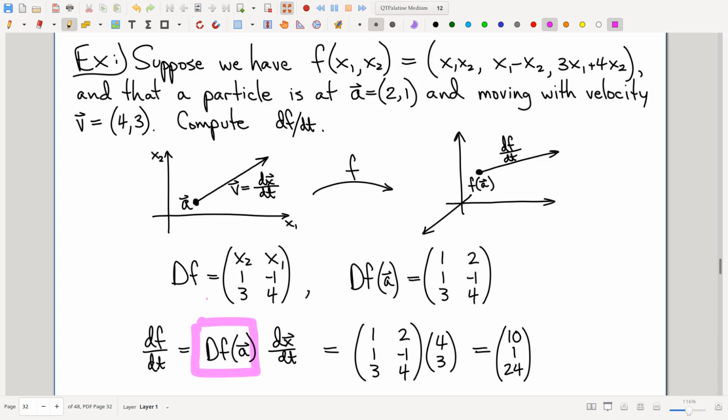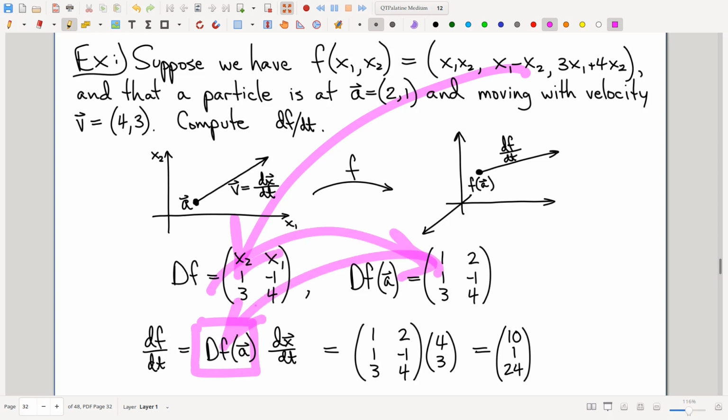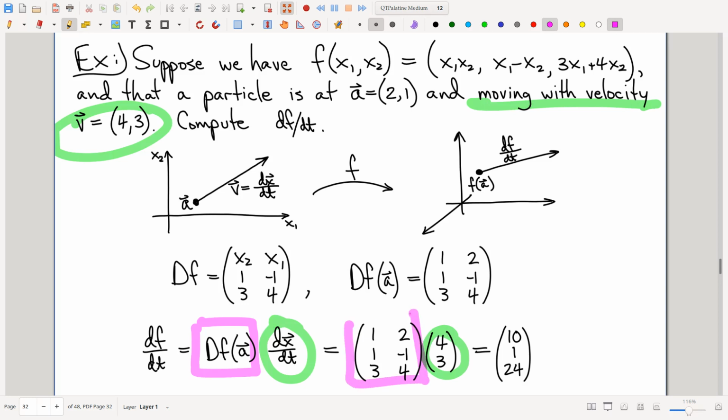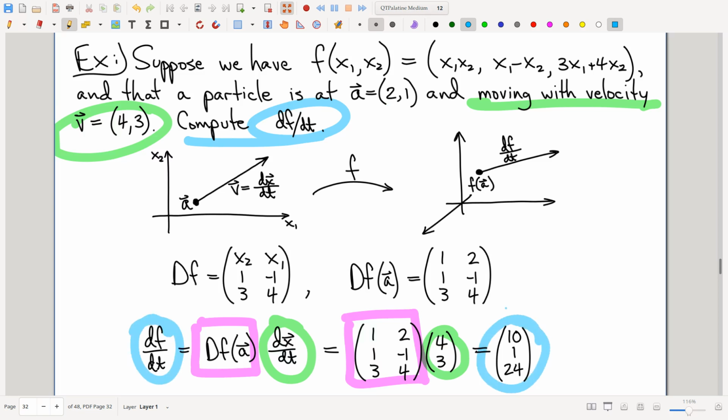I take the derivative matrix, which, yes, requires taking various partials and plugging in the point in question, and put that in the chain rule where it goes. Okay, sure, a tedious little computation. But the derivative matrix is what I'm multiplying by the input velocity to compute the output velocity there.